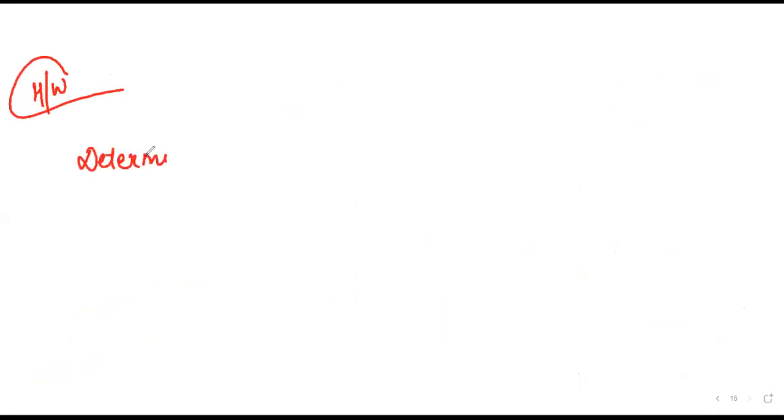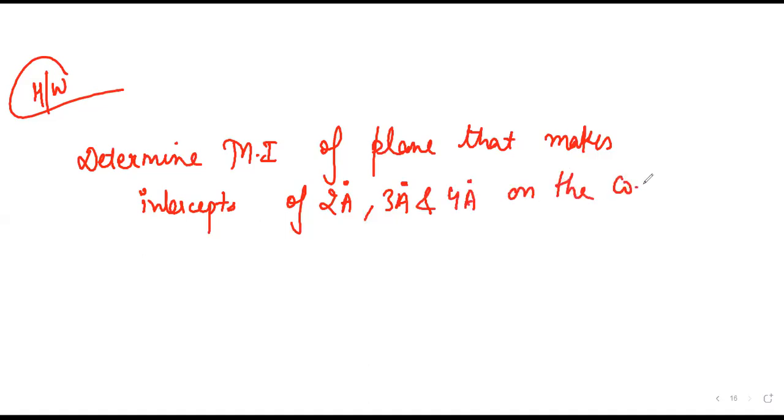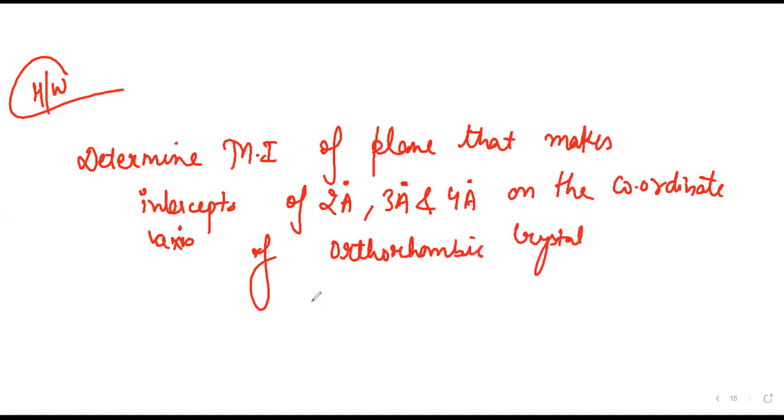Determine Miller indices of a plane that makes intercepts of 2 angstrom, 3 angstrom and 4 angstrom on the coordinate axes of an orthorhombic crystal with a ratio, b ratio, c equal to the given 4:3:2. This is your homework. Just remember this.